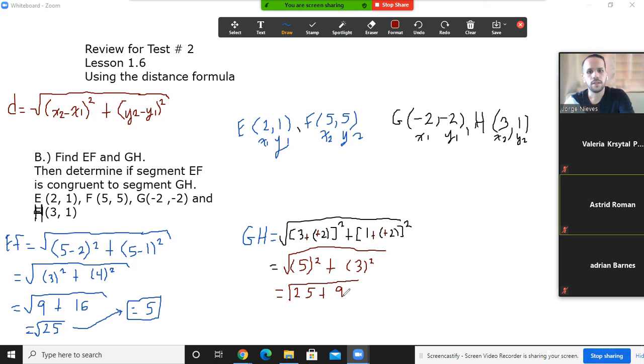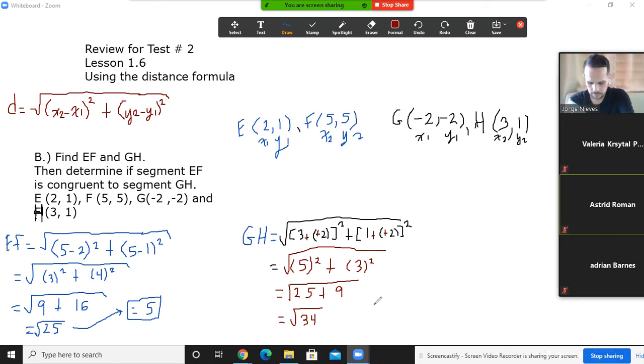Okay, so this is going to be 25 plus 9 is 34. Okay, so you notice I can do nothing else. So in this case, are they congruent? Are these segments congruent? No, they are not congruent.